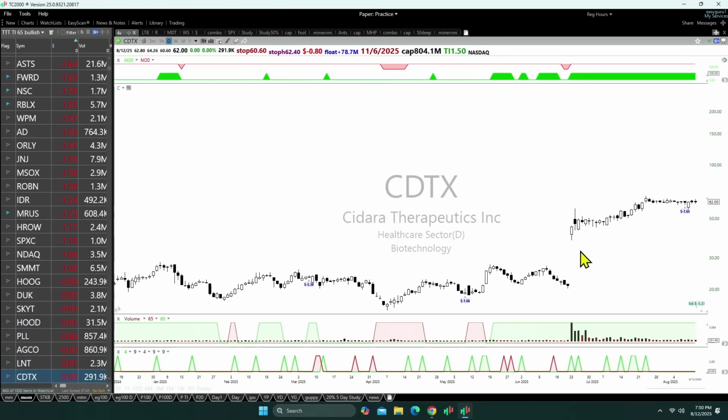And once you find candidates like this, you can prioritize them using various ways. You can prioritize them by using float. Lower float stocks tend to make bigger moves. You can use high short interest to find stocks which have high short interest. You can prioritize them by liquidity.